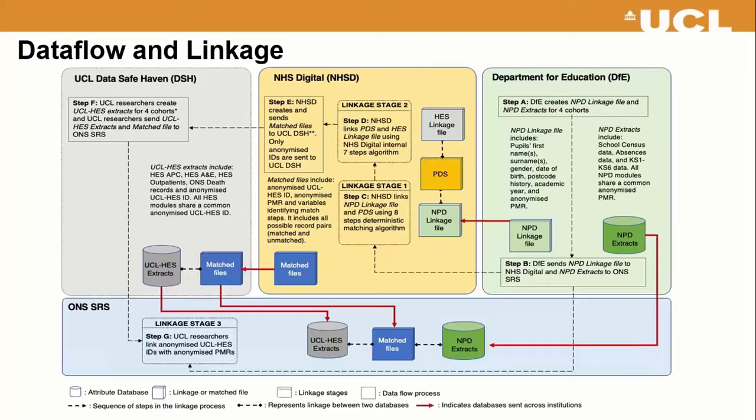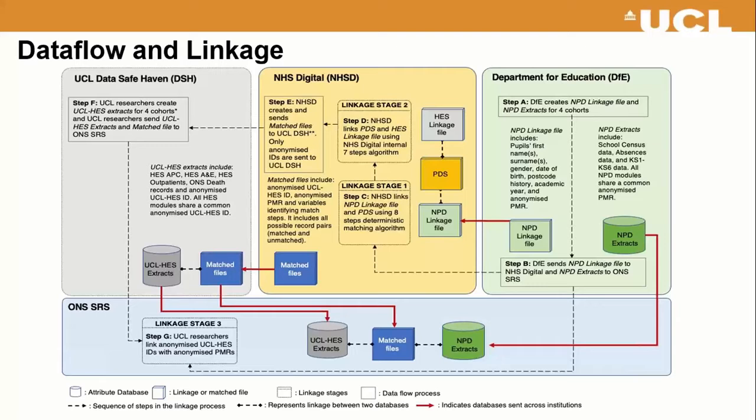After these 2 algorithms were used, a linkage spine data was created, which did not contain any confidential data such as the name or the date of birth, and it contains all possible linkage pairs.